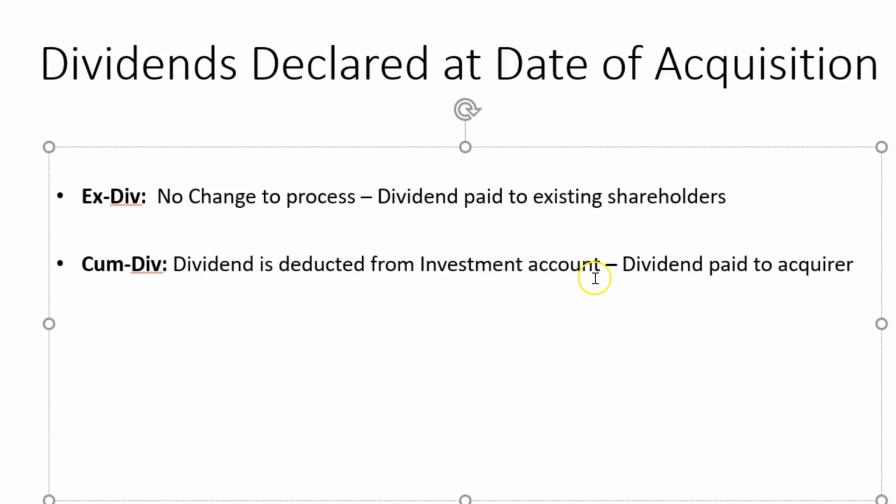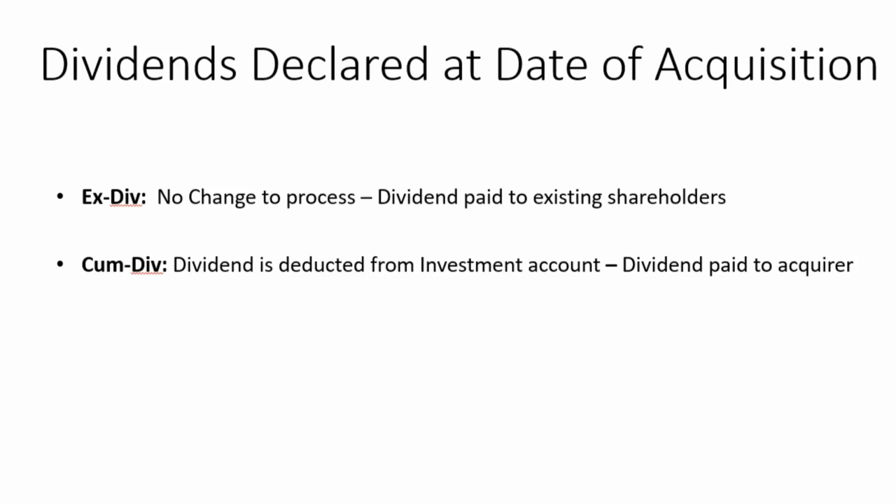Now the reason we do this is, say, if I'm going to buy a company for $1 million, but I acquire the shares come div, I'm effectively paying $1 million to buy the company, but also for the right to receive, say, $50,000 in a dividend. So if I pay $1 million, I'm then going to receive $50,000 from that company I've just bought. I'm effectively only paying $950,000, and that's why the dividend's deducted from the investment account.